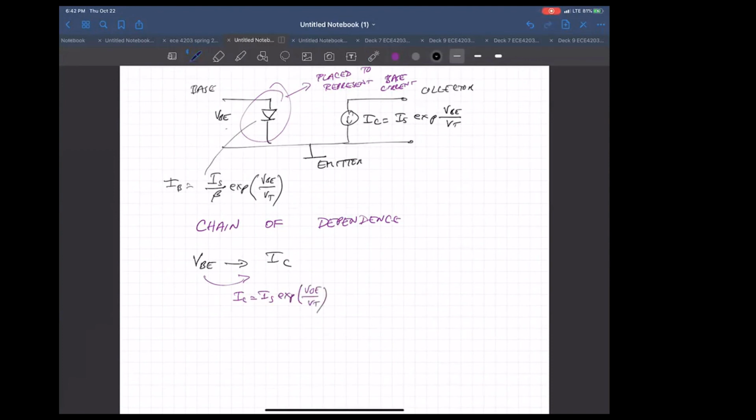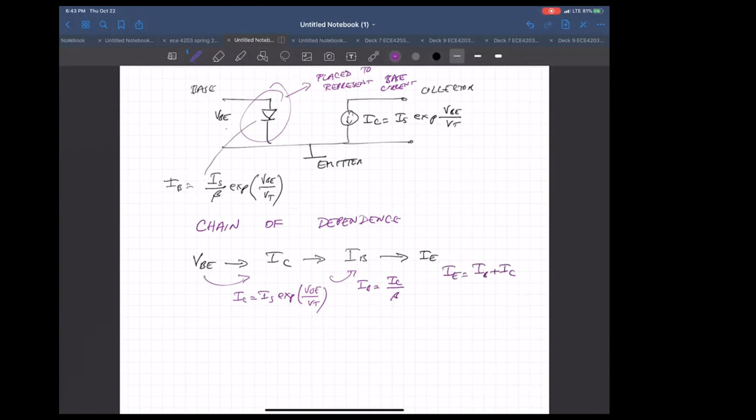Step two is use I sub c to calculate I sub b. The equation is just I sub b is I sub c over beta. Then use I sub b and I sub c to calculate I sub e, which is just I sub e equal to I sub b plus I sub c.